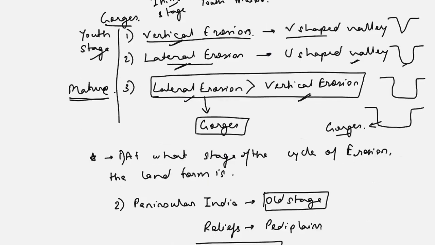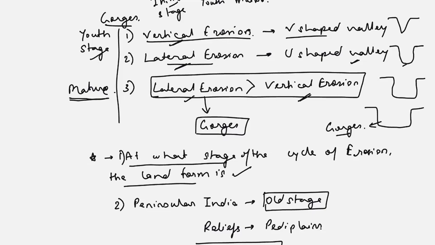Now, this helps us in understanding at what stage the cycle of erosion of a landform is in the contemporary period. For example, we have gorges in the Himalayas, and they are at a different stage. We also have gorges in peninsular India, for example the gorge of Mahanadi, gorge of Krishna, gorge of Godavari, and they are also at different stages.